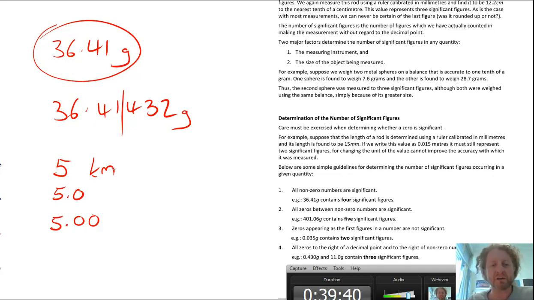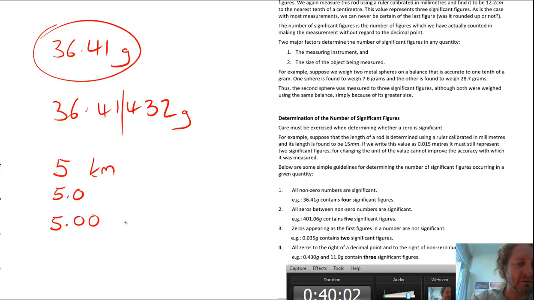But if someone tells me it's 5.0 kilometers, that statement of 0.0 tells me, no, it's been measured. It might have been 5.04 and it got rounded down. It might have been 4.96 and it got rounded up. But that is significant. That's telling us, no, we measured it fairly accurately. And 5.00, well, that's even more accurate. Okay?